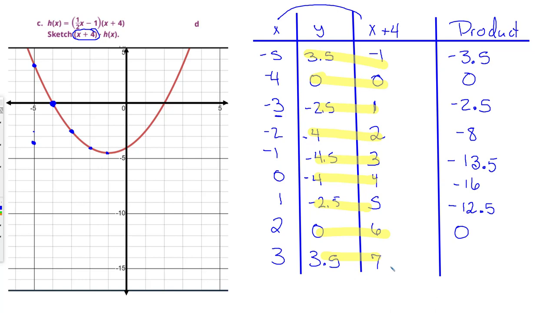How about 3.5 times 7? Starts with a 2. Was it 22.5?